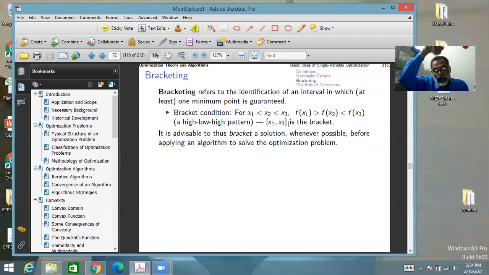Because it cannot go deep into a pit of unfathomable depth and then suddenly rise somewhere without continuity. So continuity is something which we are accepting and assuming all throughout. Because if the function is not even continuous, then actually you cannot do a systematic optimization. So all algorithms actually rely on continuity.